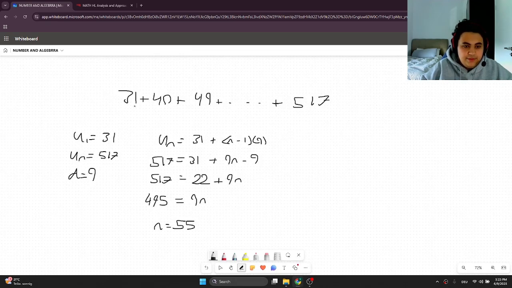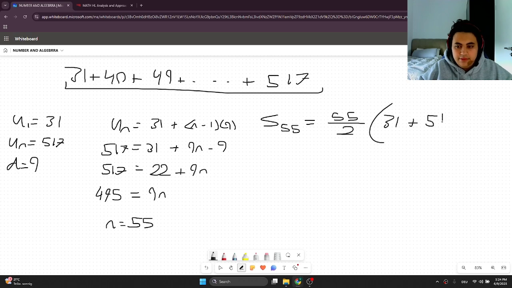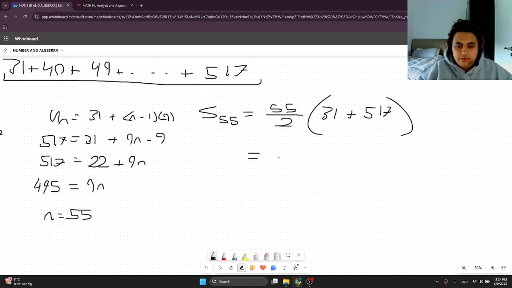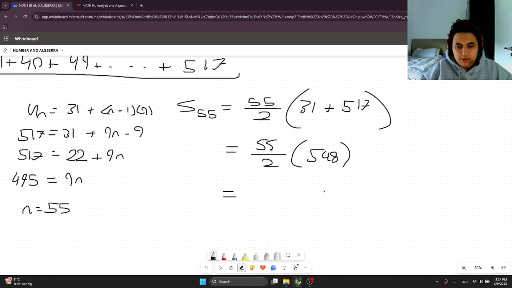That means that in this series we have in total 55 terms. So we are summing these 55 terms. So S55 is equal to 55 divided by 2 multiplied by 31 plus 517. We leave 55 over 2 as is, and add 31 to 517, which is 548.